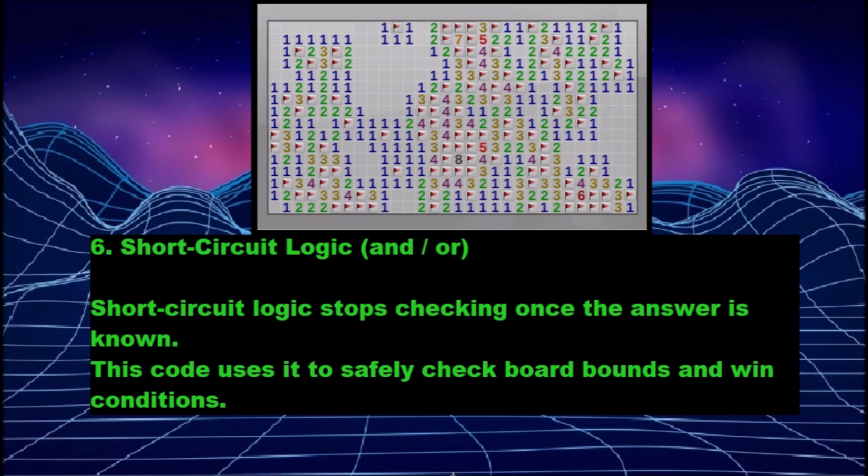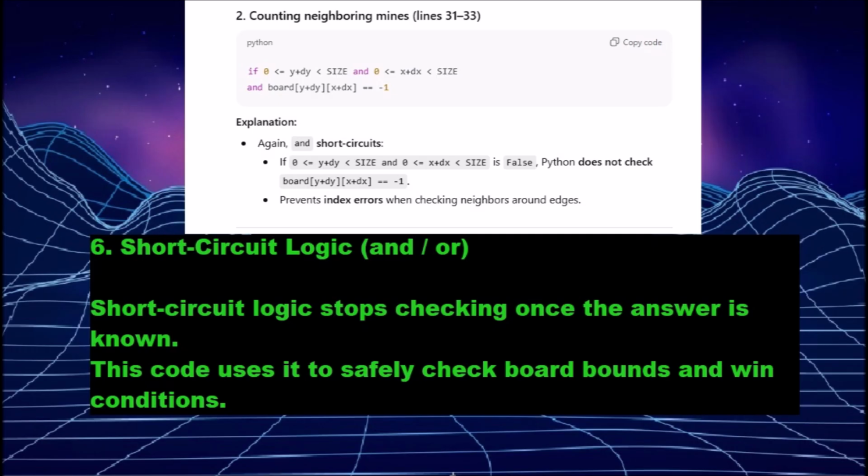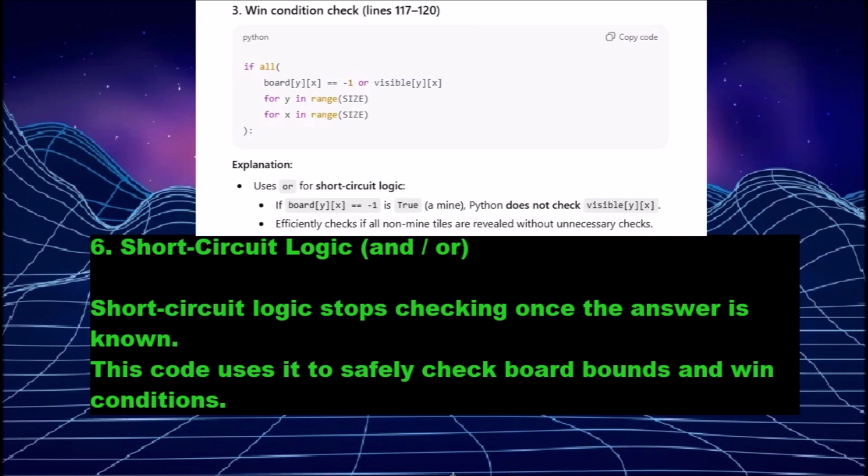Number 6. Short circuit logic. And, or. Short circuit logic stops checking once the answer is known. This code uses it to safely check board bounds and win conditions.